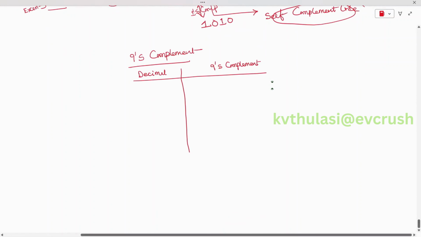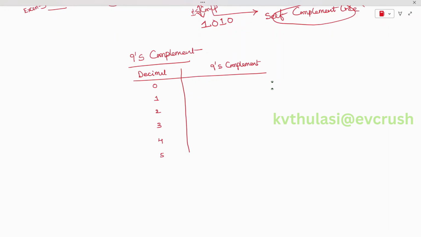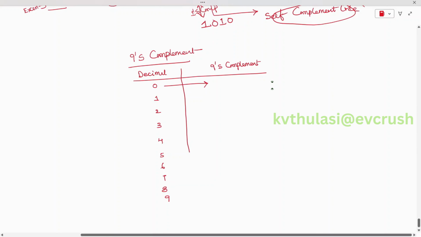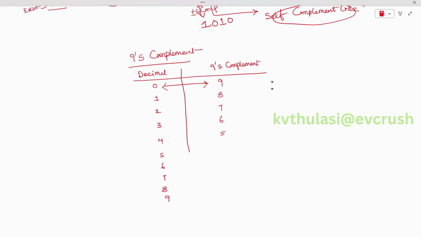Let's try to see here the decimal numbers we have from 0, 1, 2, 3, 4, 5, 6, 7, 8, 9. Just write in the reverse. So here we have got 0. This will write in reverse. This is 9, 8, 7, 6, 5, 4, 3, 2, 1, 0.